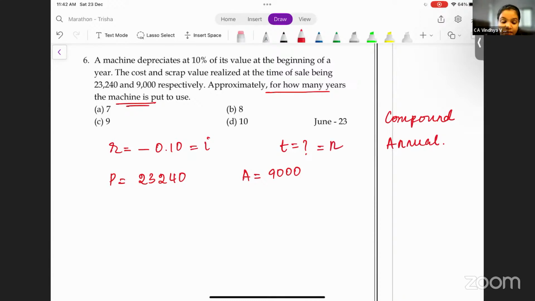Okay, now what is the formula to find the value of N? We'll use the amount formula. What is the amount formula?